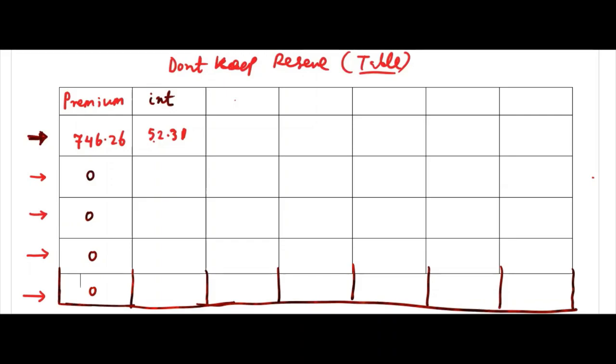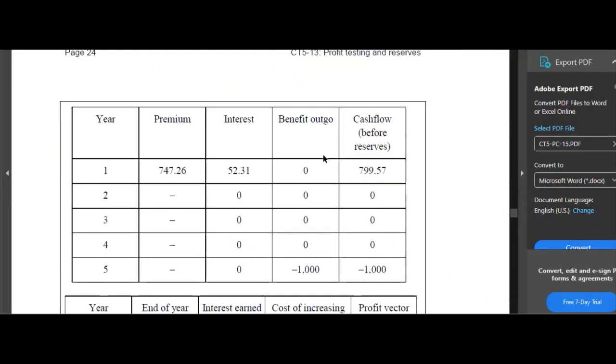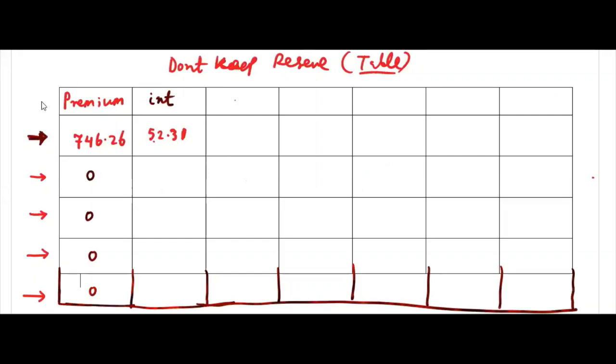So no reserve here, so directly profit will come, nothing here, okay? You see here, benefit outgo, I mean the last one will come, so we'll keep, but otherwise we'll add these two and we'll write first year profit 799.57. That's good. Interest 0, no premium. Okay.